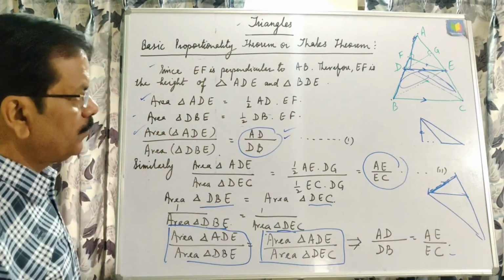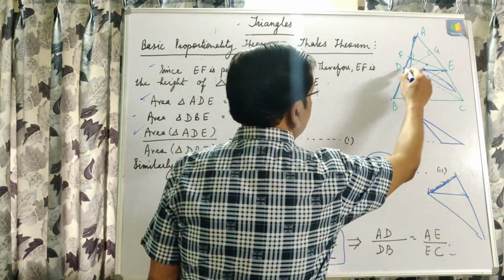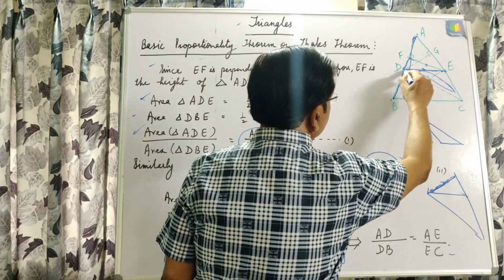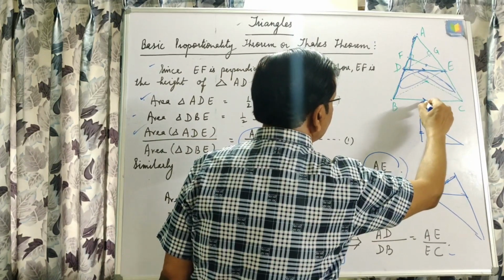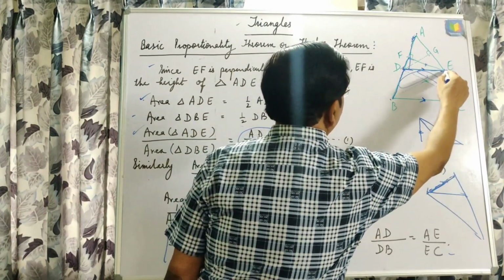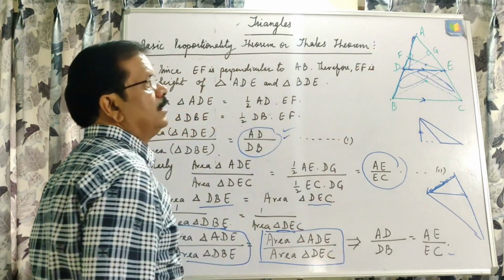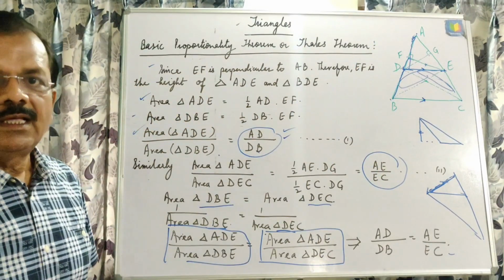And this is what we have to prove, that is, if we draw any line from a point which is parallel to the third side, which will intersect the third side at point E, then the ratio of these lines will be same.